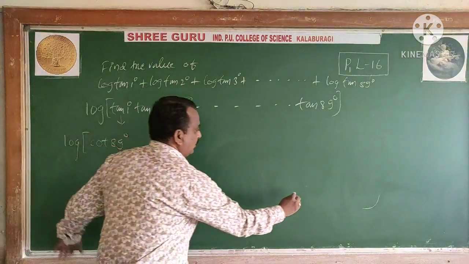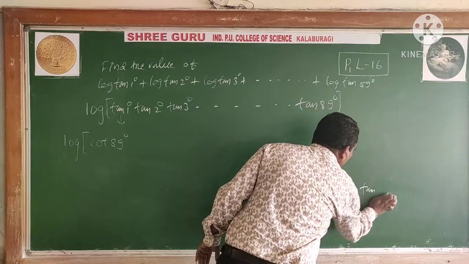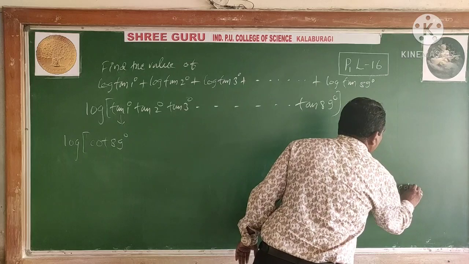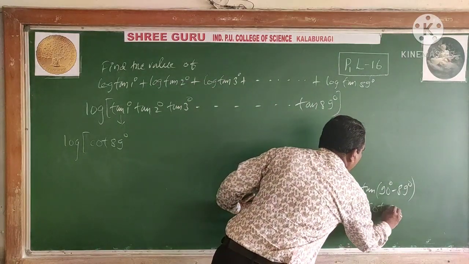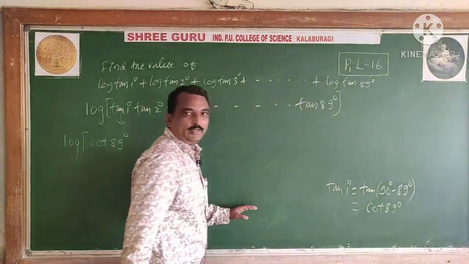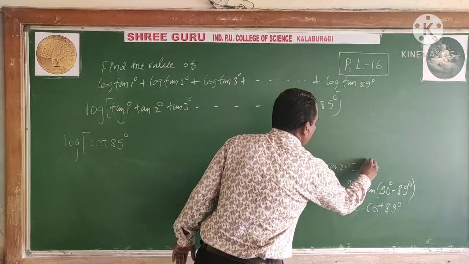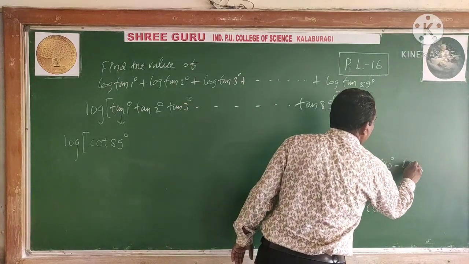You know the previous one. Tan 1 degree is equal to tan of 90 minus 89, so it becomes cot 89. Similarly, tan 2 degree is equal to tan of 90 minus 88.